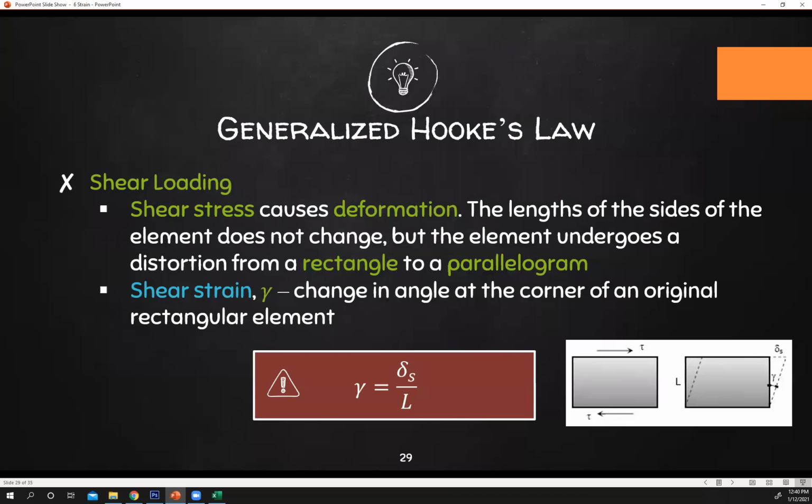The equation is the same here, but now instead of normal strain, we have shear strain gamma. For normal, it was epsilon. Then it equals delta S for shear over original length L. So that's another equation to remember.